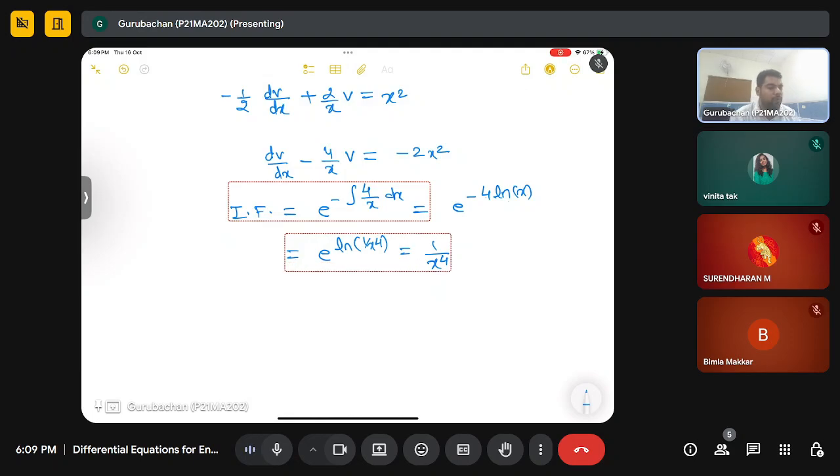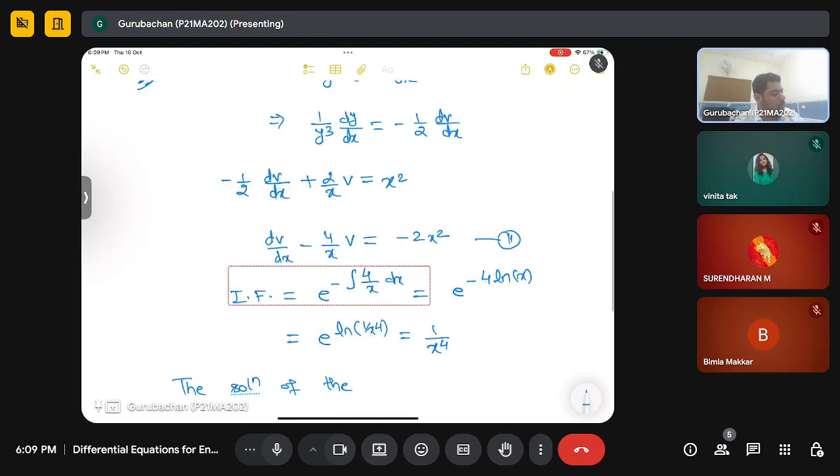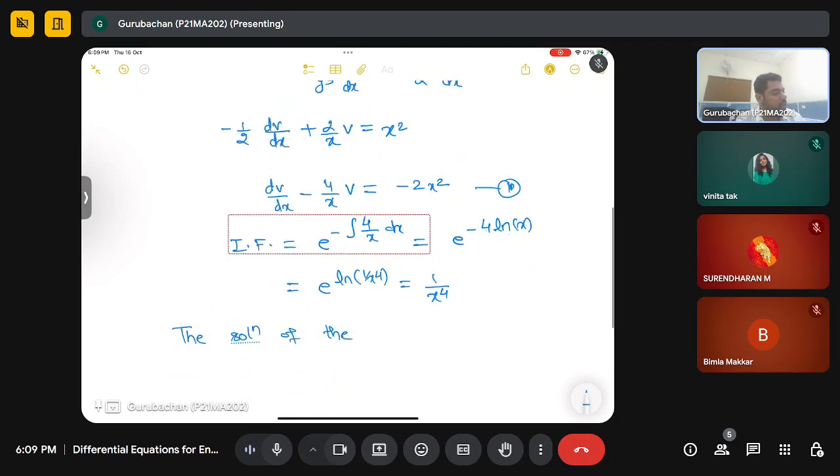Since x is positive, we do not need to write mod x here. So the solution of the ODE given in equation number 2.